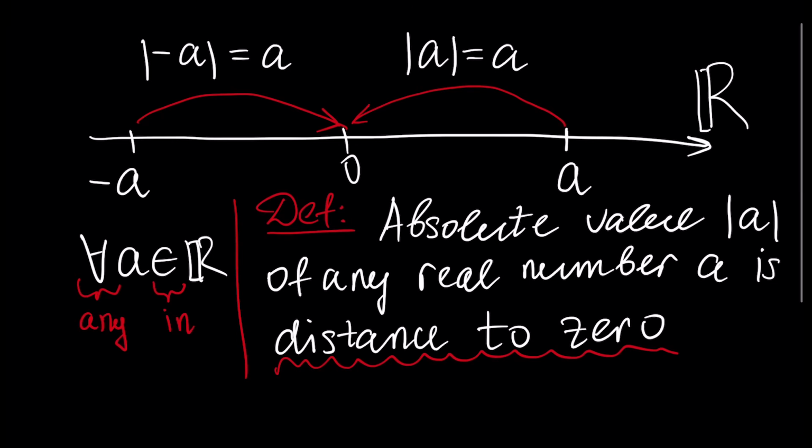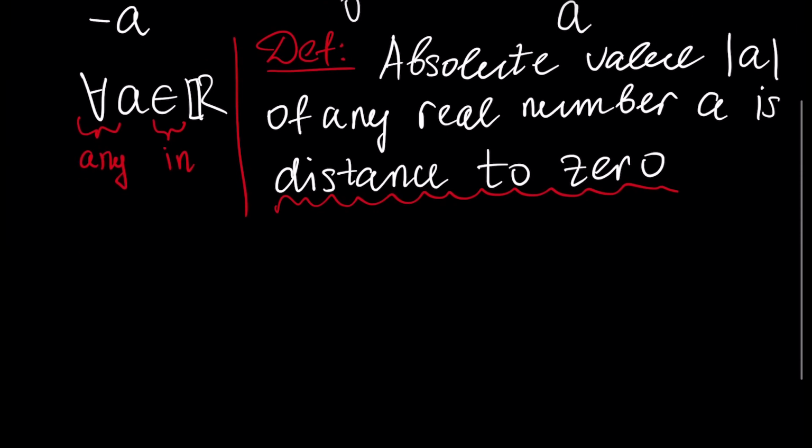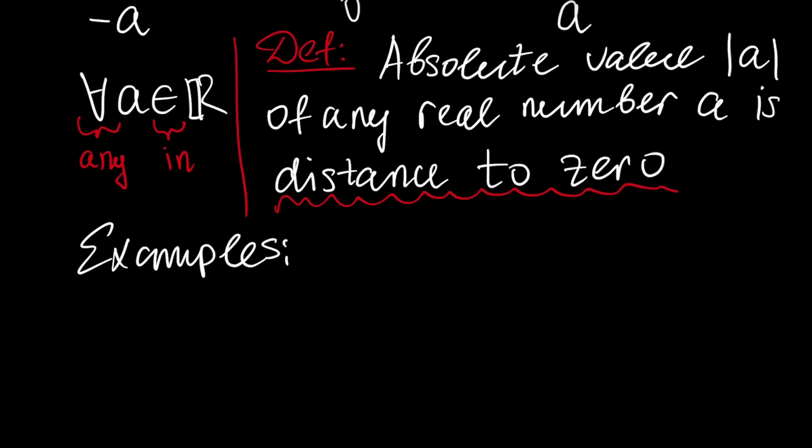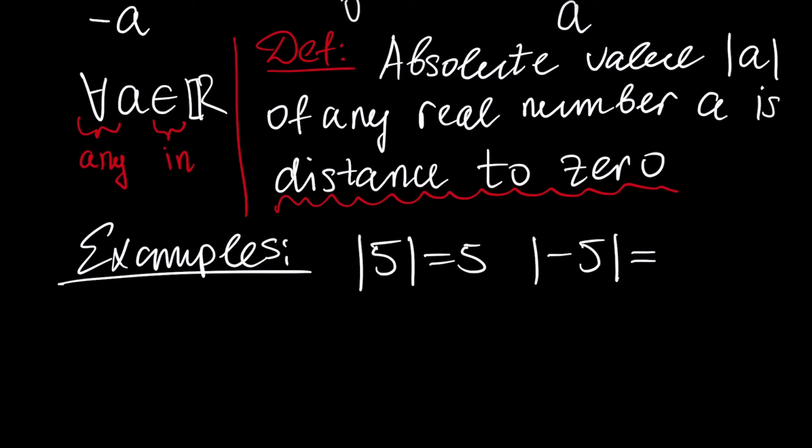Let's give some examples. For example, the absolute value of number 5 is 5, and the absolute value of number minus 5 is again 5, because the distance from number minus 5 on the real line to 0 is 5. It's always positive.